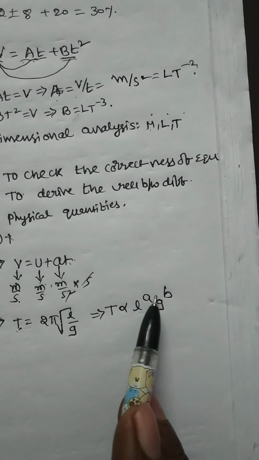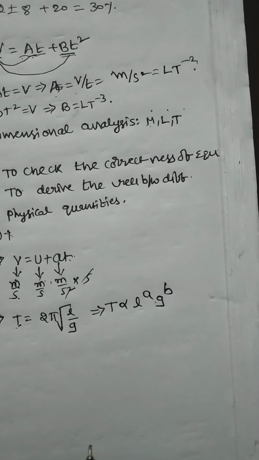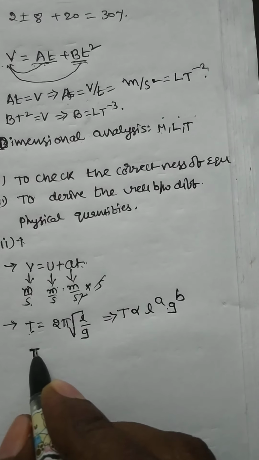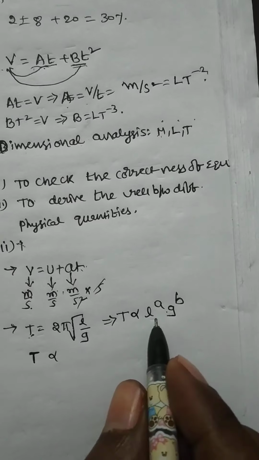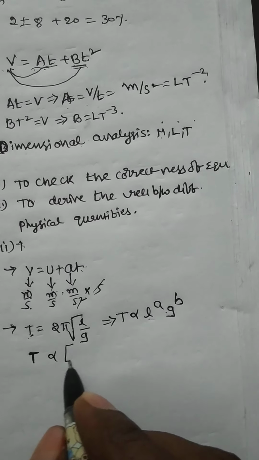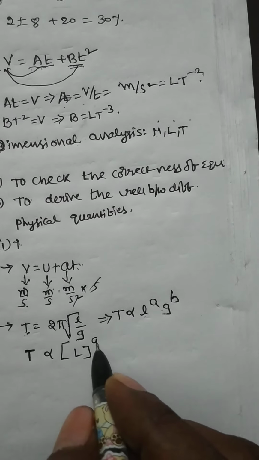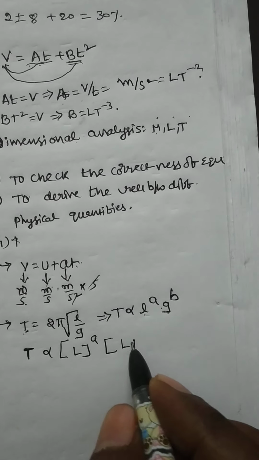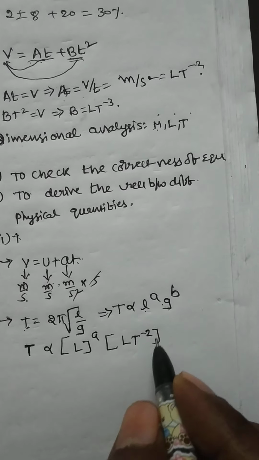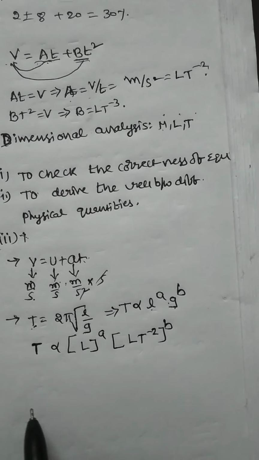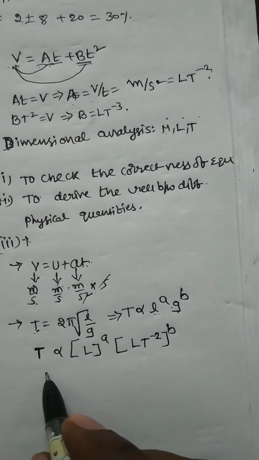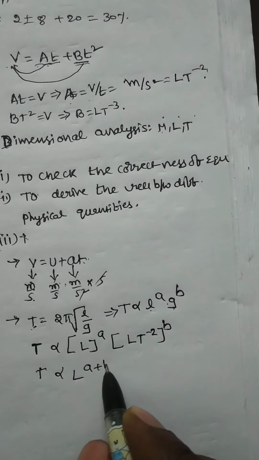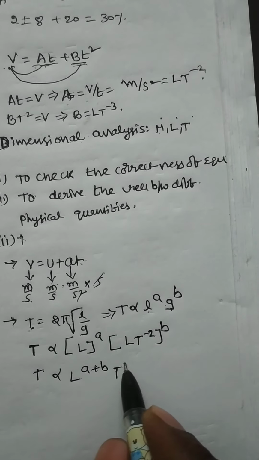Now I want to find out the values of A and B. So what is the dimensional formula for time T? What is the dimensional formula for length L, power A? What is the unit of g? Meter by second square, nothing but LT minus 2, power B.